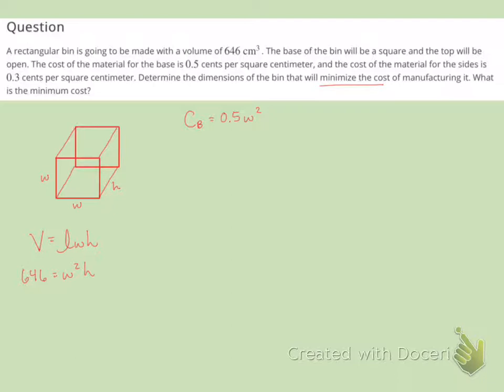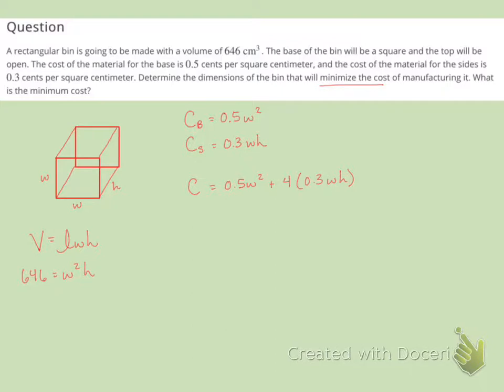And then the cost of each side is going to be 0.3 per square centimeter, and the square centimeter of each side is going to be W times H. Now keep in mind that we only have one base, but we have four sides, because remember that this is an open bin. So the total cost is going to be 0.5 W squared plus 4, because we have four sides, of this 0.3 WH.